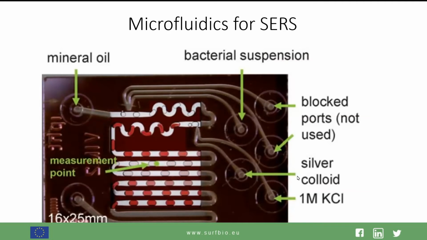In this case, in a chip, we adsorb the silver colloids on the bacteria, and immediately detect by Raman from the single bacterium to understand what reaction is on the surface or gather the data.